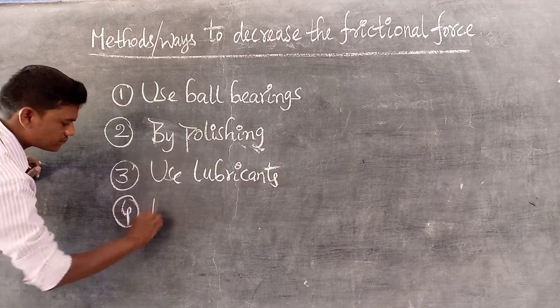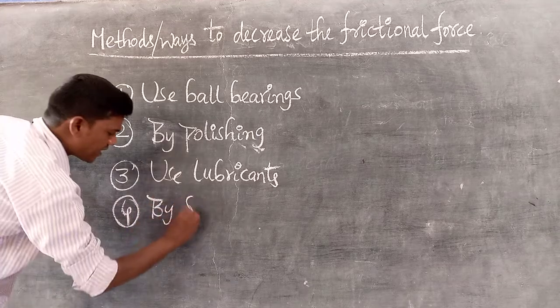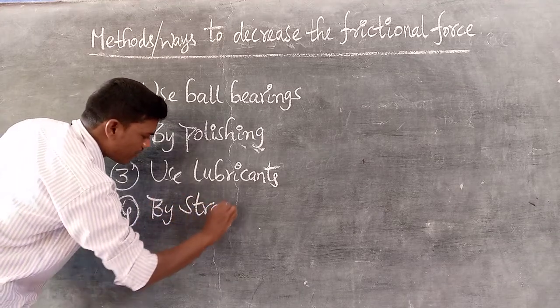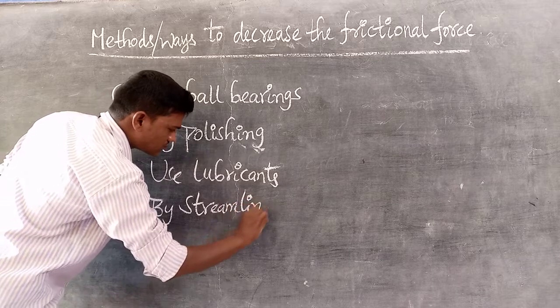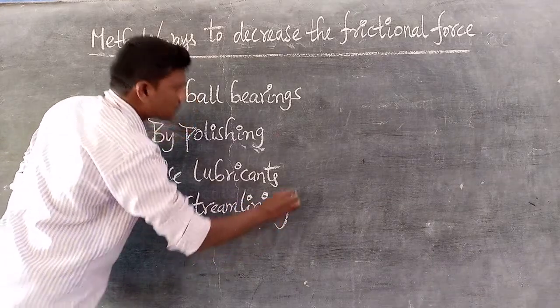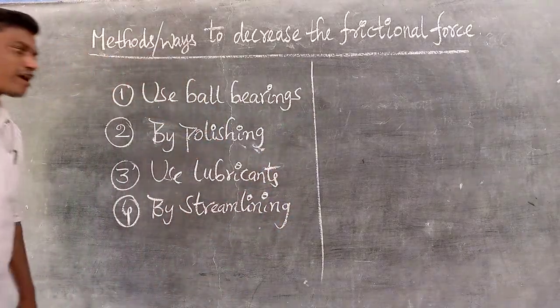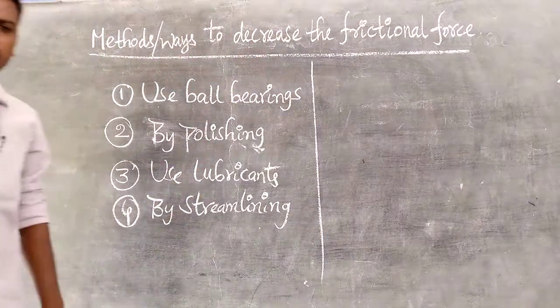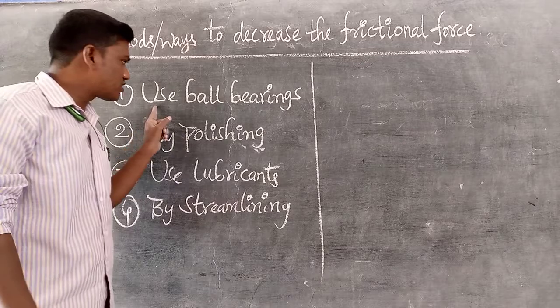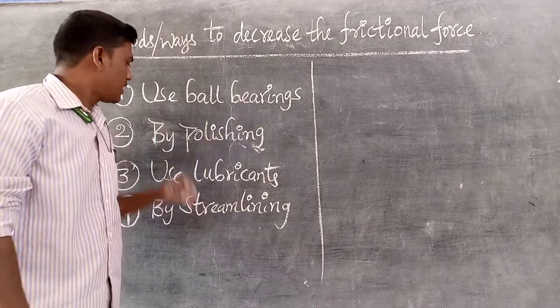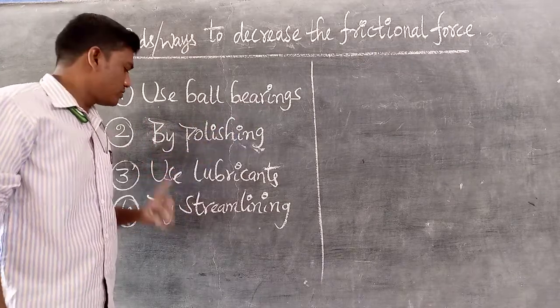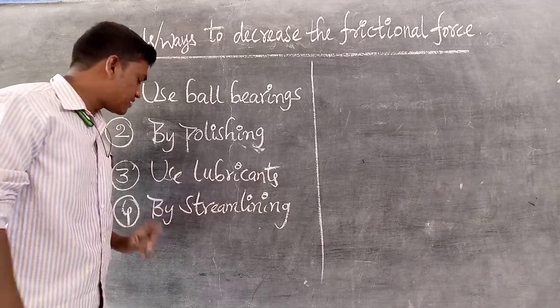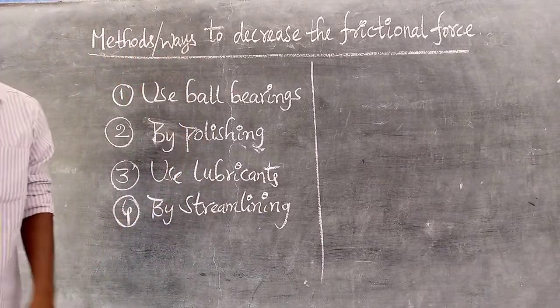Fourth one, by streamlining. These 4 methods we use to decrease which force? Frictional force. What is the first one? Use ball bearings. Second one, by polishing. Third one, use lubricants. And fourth one, by streamlining.